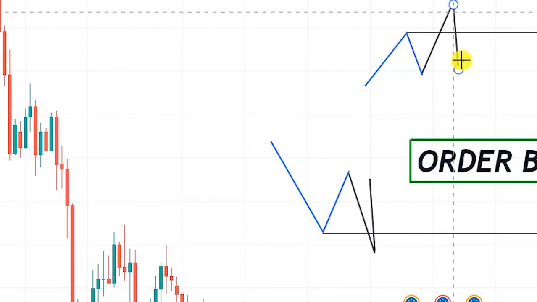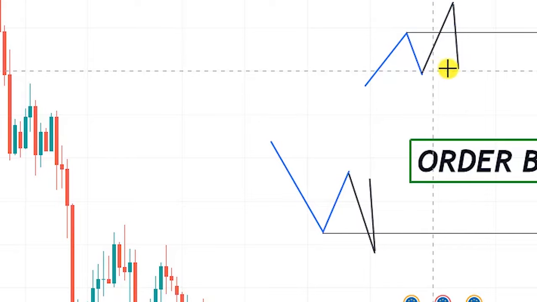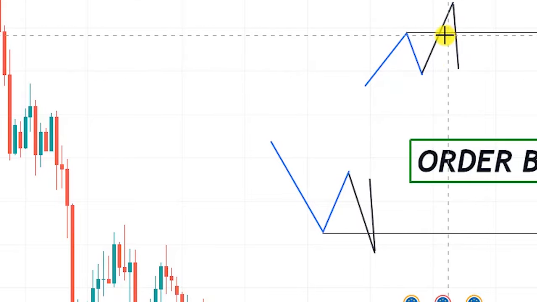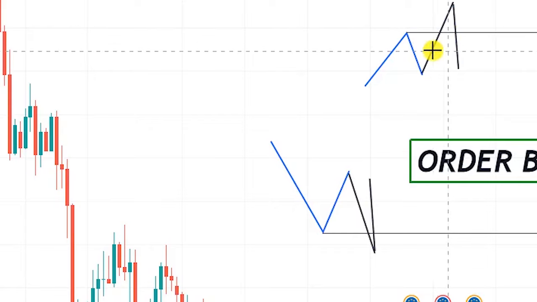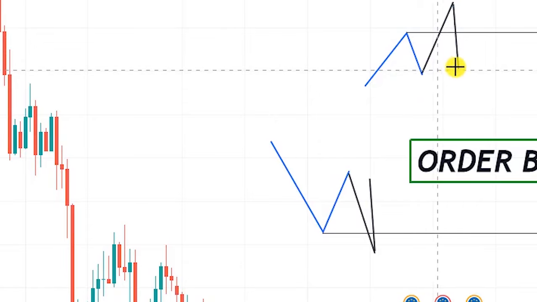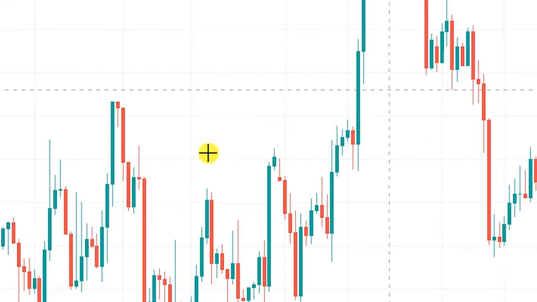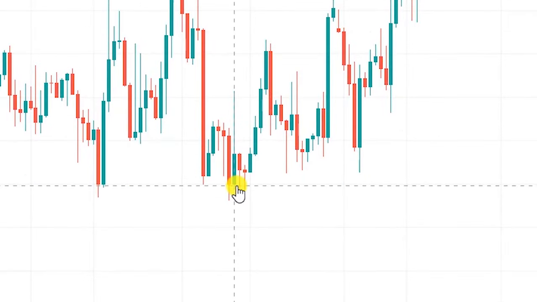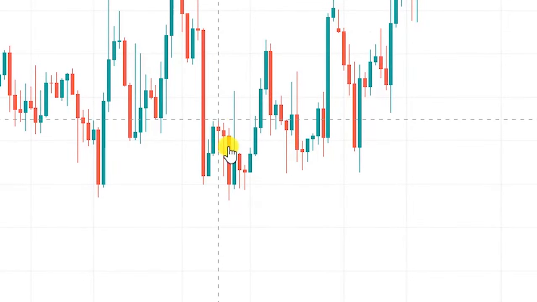And then they will now have to come back to this zone so that they can, first, grab the stop losses of those traders that will be buying at these areas, and two, have discount pricing to buy. That's the example again here. The grade is high.